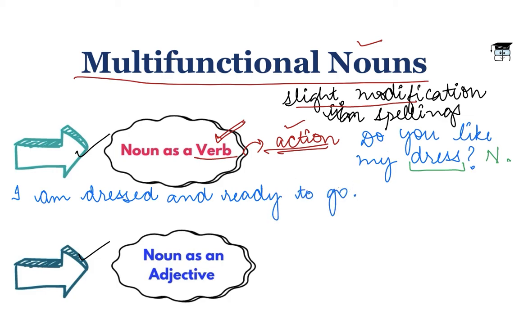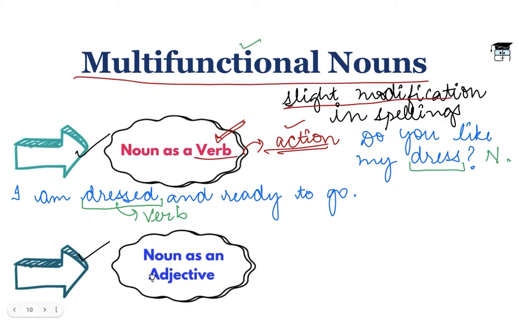Now in this sentence, the spelling of the word dress in the first sentence is slightly modified to the word dressed here. Now dressed is not a noun. It is a verb, because dressed is an action taking place. Someone is getting dressed. That is an action taking place. So the spellings of the word dress are modified to change the form of the noun.